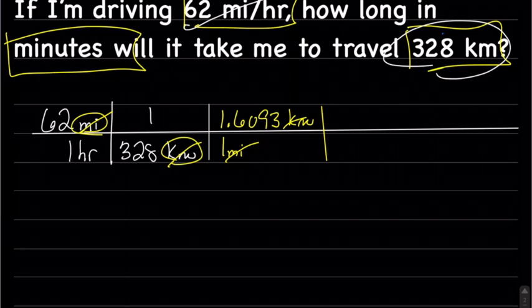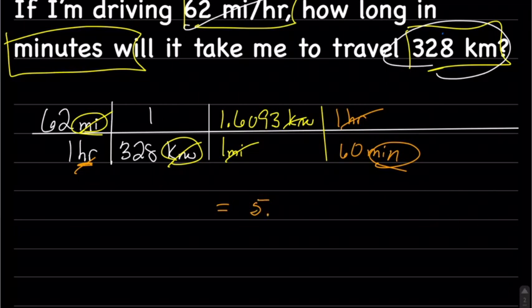So we've got our distance taken care of, and now we need to work on our time. So 1 hour, 60 minutes, right? So hour crosses out. So we're left now with just per minute. Okay, so when we put that in the calculator, let's do it without scientific notation.